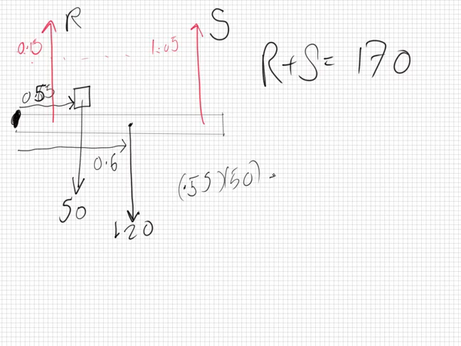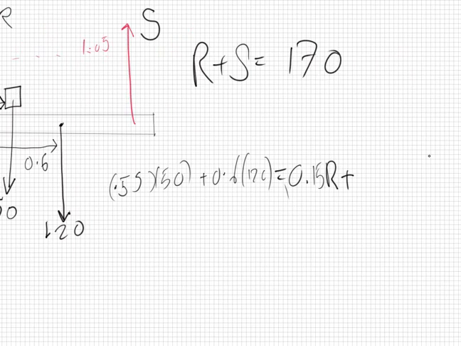Clockwise. Now, that should equal 0.15 R1 plus, what will be the last part here? 1.05 R2, because they're the other direction. They're the anti-clockwise ones. Now, can you please write these down?